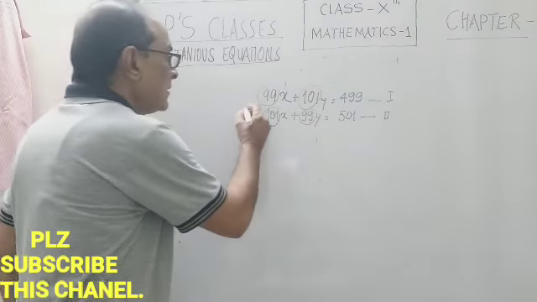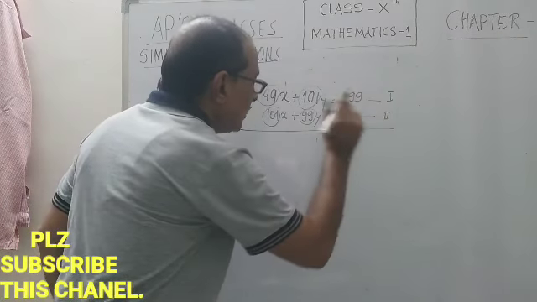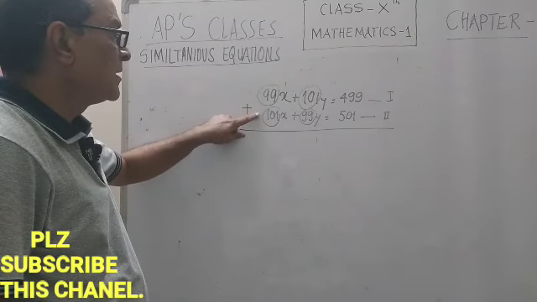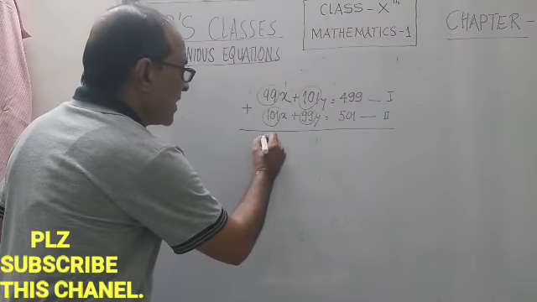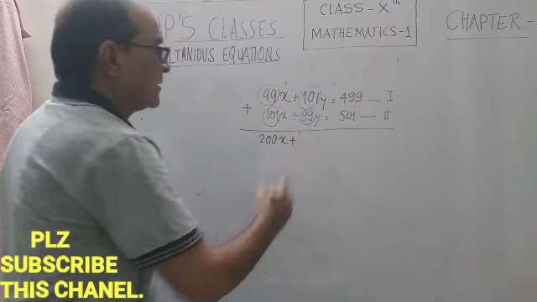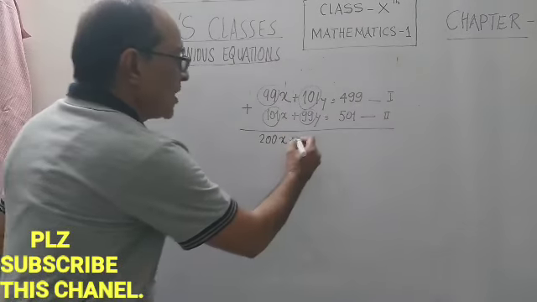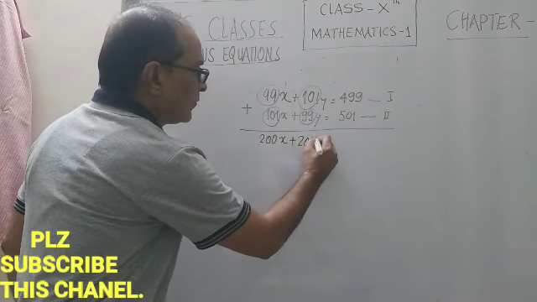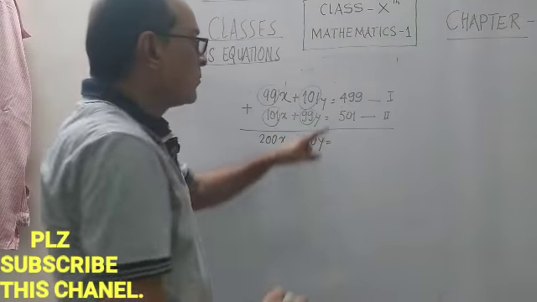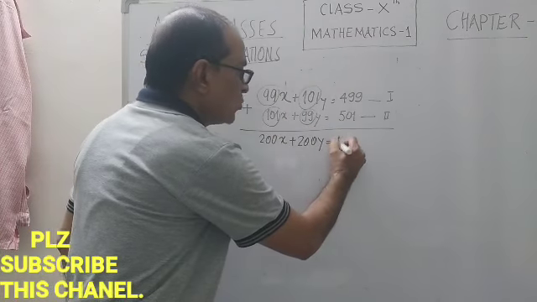For example, I will add both the equations. 99 plus 101 gives you 200x. Second term, 101 plus 99, again 200y, is equal to 499 plus 501, that is 1000.